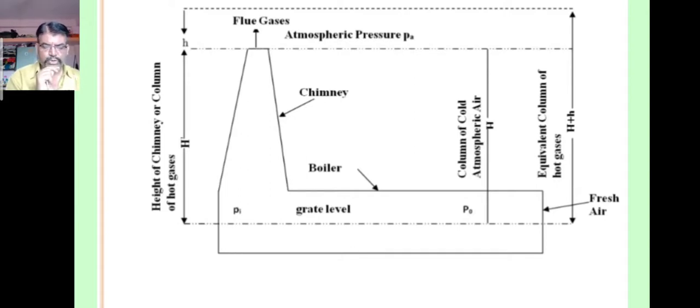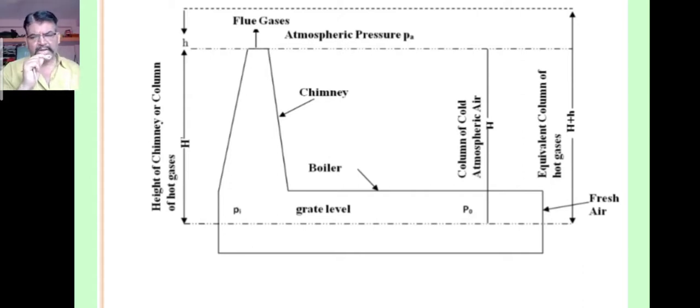Now what is P2 here? Again, the pressure acting on the grate on the open side. Rho A is the mass density of air outside the chimney, and rho G is the average mass density of hot gas. Therefore, with the relation of P1 and P2, what is important to calculate, though I have not written it here, I can explain.